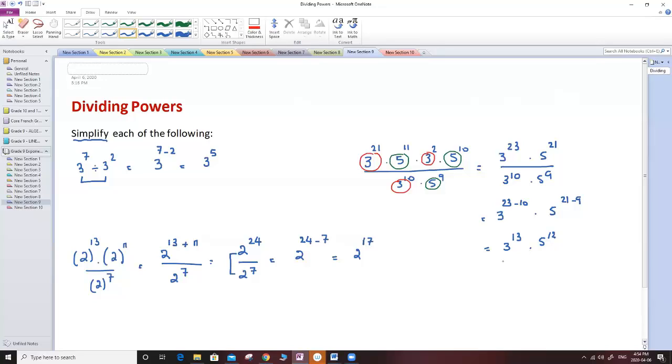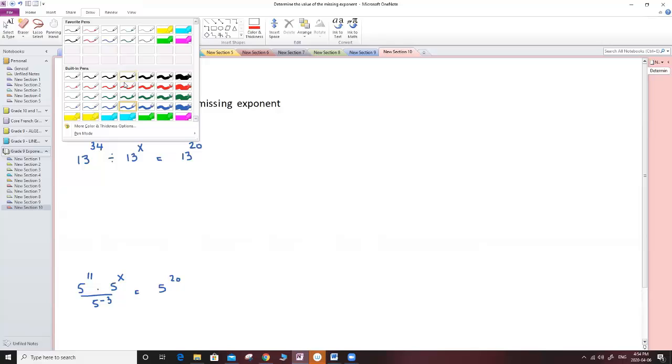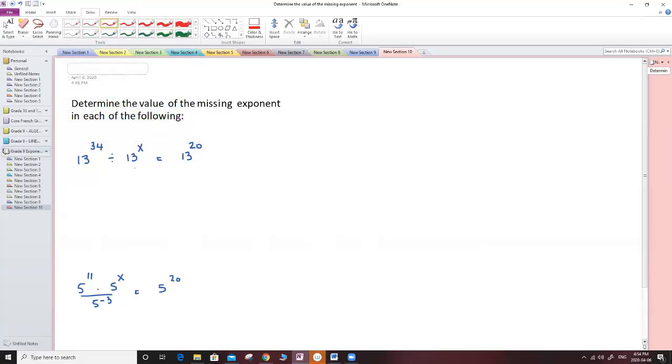In this case, we will have only one question, which means we used it before for the multiplication. Now we're going to see it in case of division. If you remember, as I told you, if I have something like that with unknown exponent, I have to think this way.